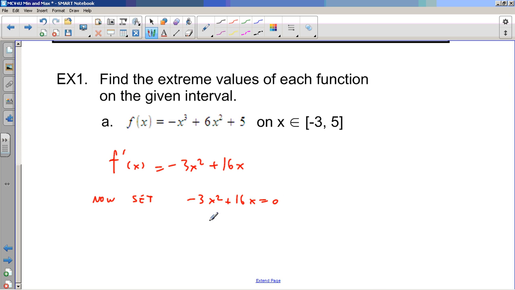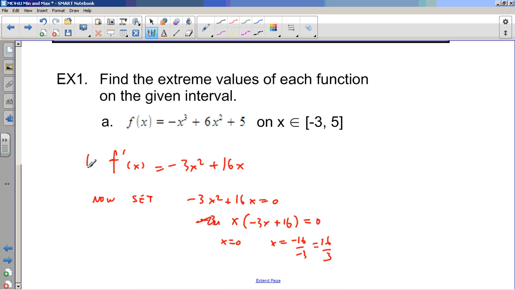Solve this. Let's see. Pull out an x. I was trying to pull out a 3, but 3 doesn't very often go into 16. So let's pull out an x, and I get 3x plus 16 equals 0. I get x equals 0, and x equals negative 16 over negative 3, or 16/3.